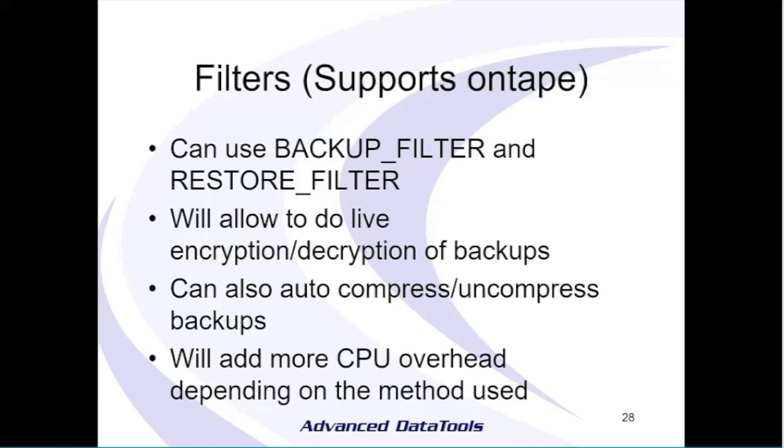So there are some nice features that can be involved here. And keep in mind, because you're now having to pipe your backup through some other command, there's a fair amount of CPU involved. I've seen some running pigz or another high-intensity compression utility. It can really kill the CPUs, but sometimes for the sake of the amount of space saved, it's worth it. It all depends on your environment.